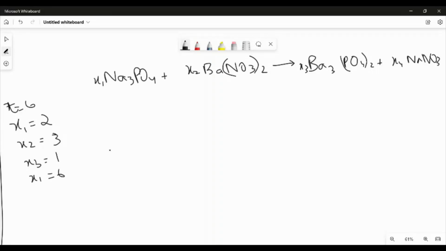Now let's put in the default values that we have found. So x1 is 2, so that means Na3PO4 taken twice, and then Ba3(PO4)2 taken twice.